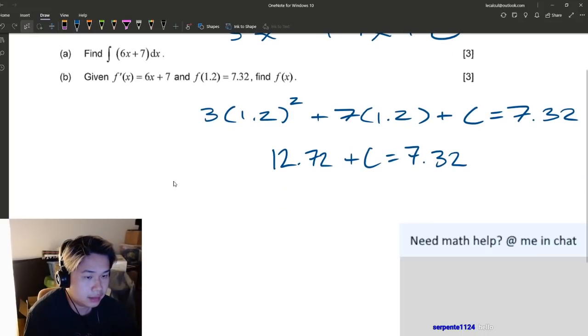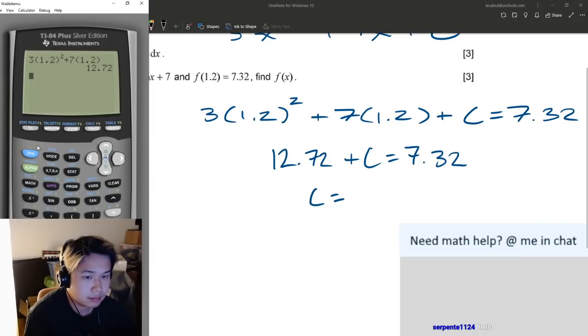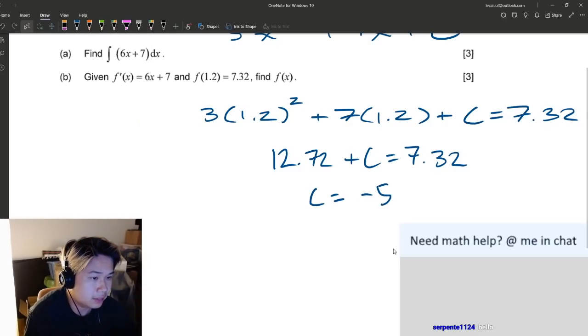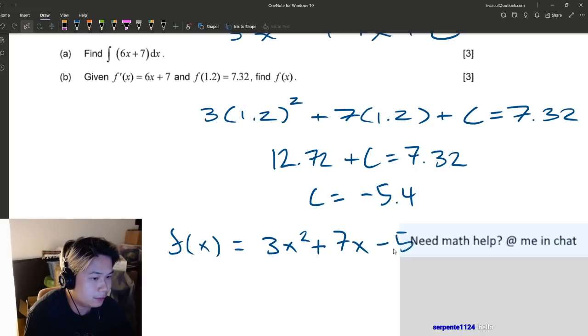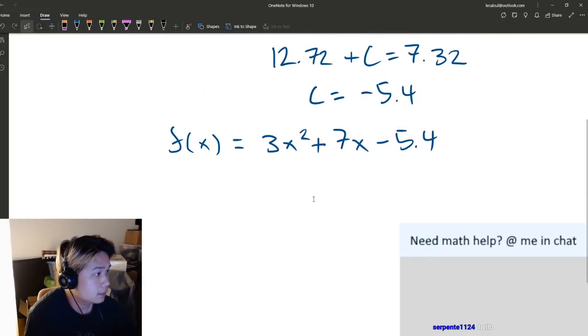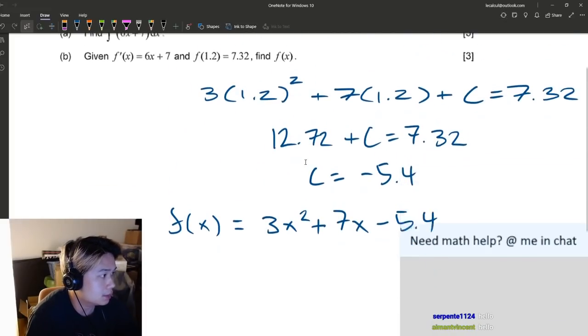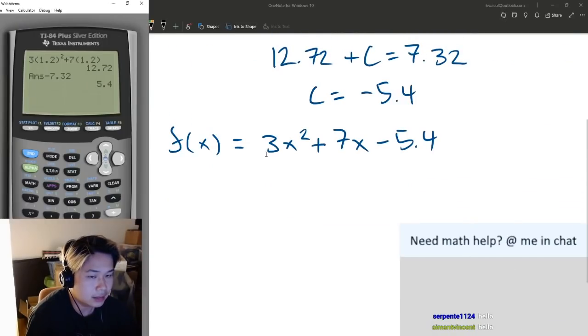Therefore, c is going to be the difference between 12.72 and 7.32, but negative, so negative 5.4. So your actual function itself is 3x squared plus 7x minus 5.4. Here you go. First question. Easy peasy, 6 marks.